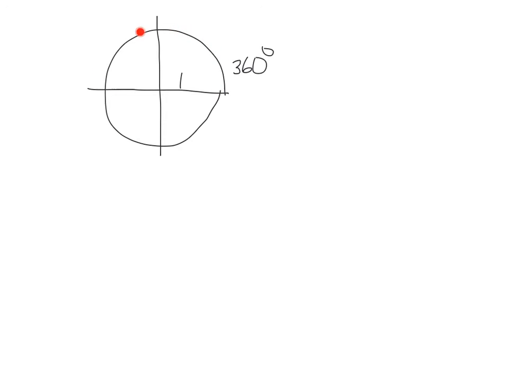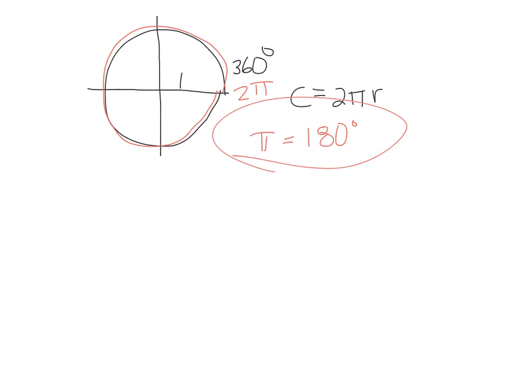The circumference of a circle is 2 pi r, so the distance around this circle is 2 pi. So 2 pi is the same thing as 360 degrees. Therefore, pi is equal to 180 degrees. You're going to use this ratio to convert from degrees to radians and radians to degrees.